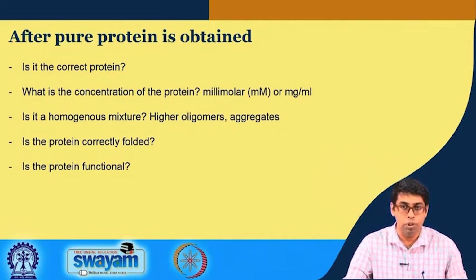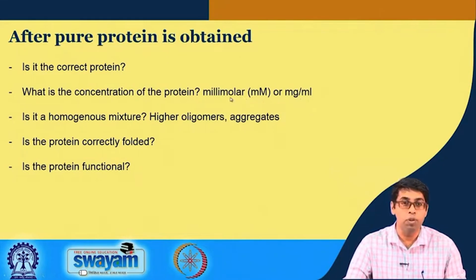From purification, if it is affinity purification, then the yield is normally high because the number of steps of purification is less, but if it is purified by multiple steps, then the yield goes down. In any case, we need to figure out the exact amount of purified protein we have in our hand, so that we can plan the subsequent experiments. Typically the protein concentrations are given in these two units.